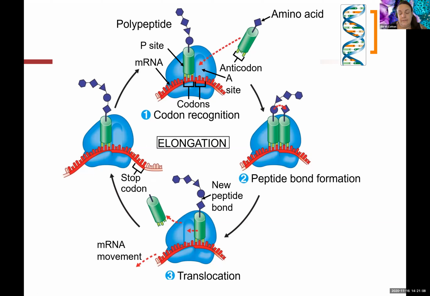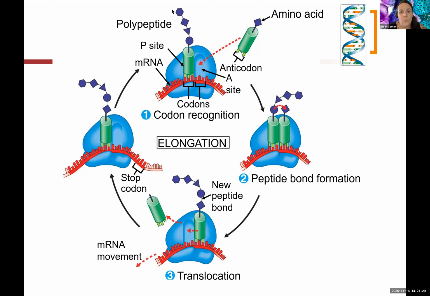Here's how our polypeptide elongates. It's kind of tricky. It's okay. We're going to go through slow. And remember, there are videos of all of this. So here's our ribosome again, and there's our mRNA.